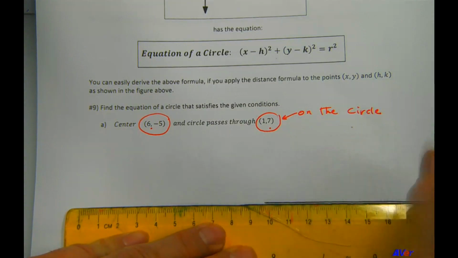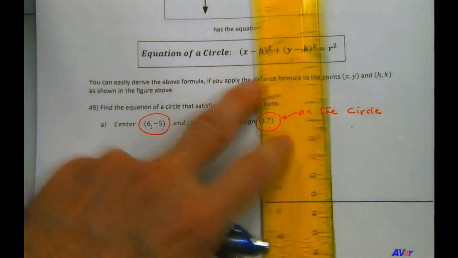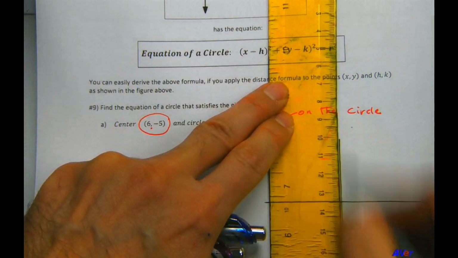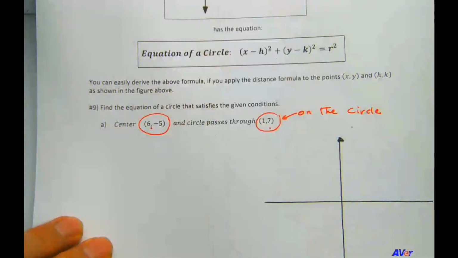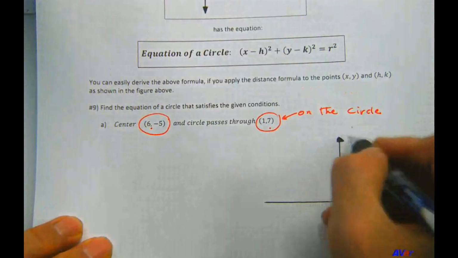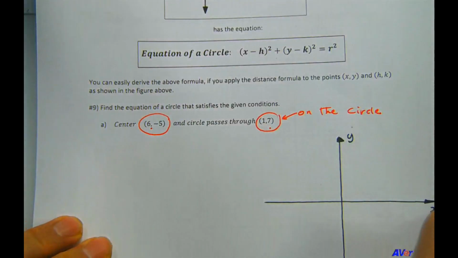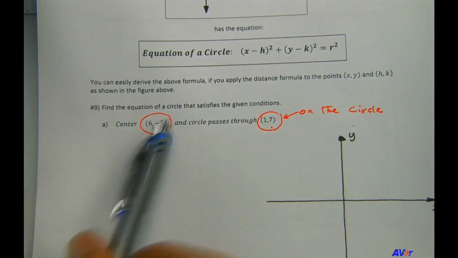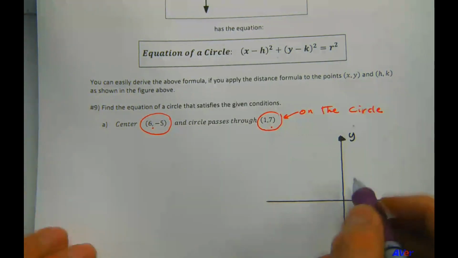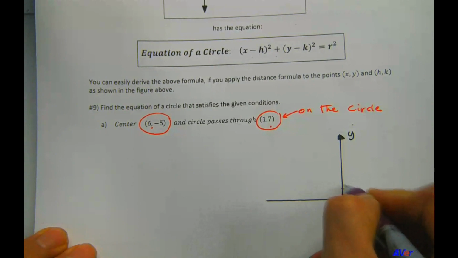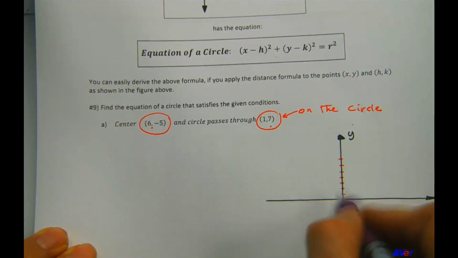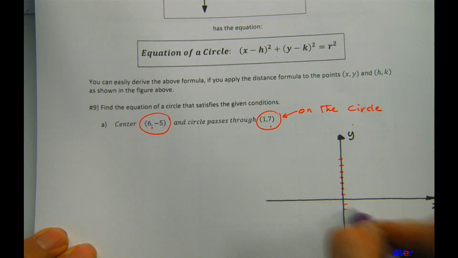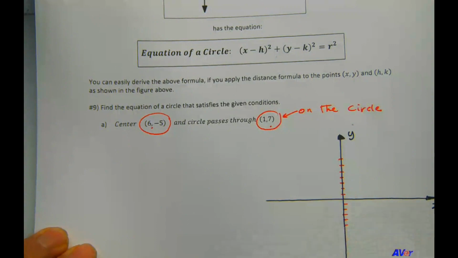I hope I can draw it as best as I can. So let's get a geometric feel for this problem. We don't have to draw the drawing. It's just for the sake of clarity, that's all. These are easy numbers, so I'm going to increment 1, 2, 3, 4, 5, 6, 7, and then negative 5, 1, 2, 3, 4, 5.